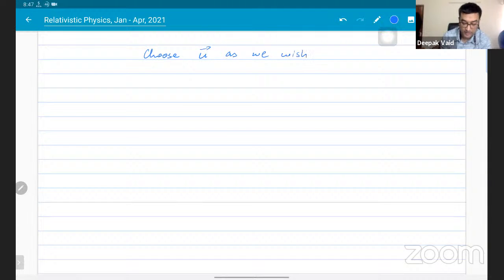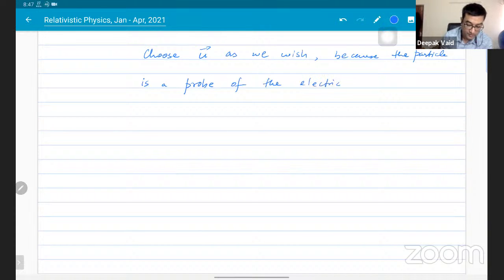U prime is the velocity of the particle, and as I said, the particle is simply a probe of the electric and magnetic field.